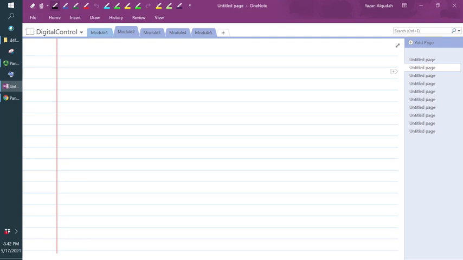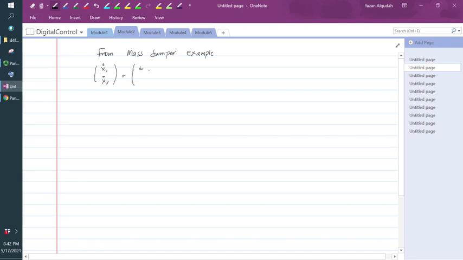So the previous example we had, the mass damper example. We have x1 dot, x2 dot equal to [0, 1; 0, negative b divided by m] multiplied by x1, x2, plus [0; 1 over m] multiplied by u of t.